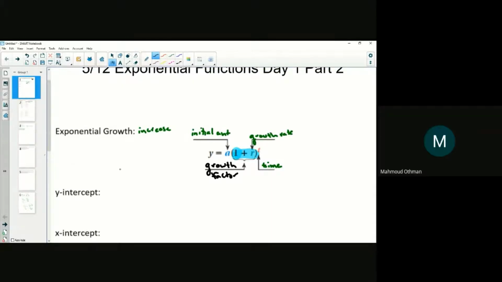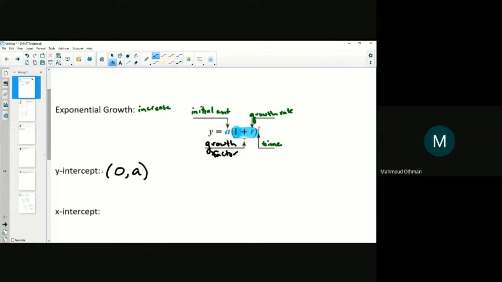So for the y-intercept, x or t will have to equal 0. In this case, it'll be 0, comma a. My x-intercept, if we reflect back on yesterday's notes, is when the graph crosses the x axis, and that doesn't happen with this function, only in special cases with vertical shifts, but we're not going to talk about that yet.